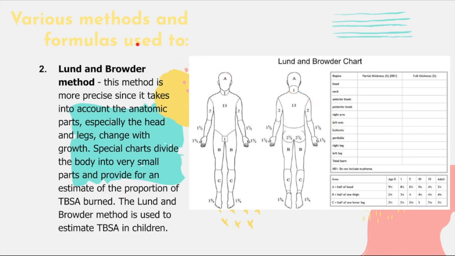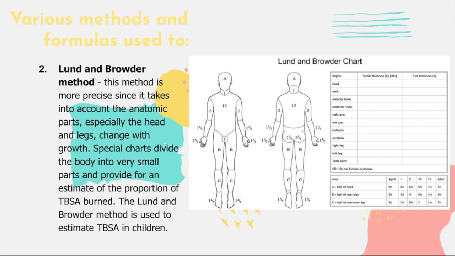Next will then be the Lund and Browder method. This method is more precise than the rule of 9 method, since it takes into account the anatomical parts, especially the head and legs, and changes with growth. The special charts divide the body into very small parts and provide an estimate of the proportion of TBSA burns.